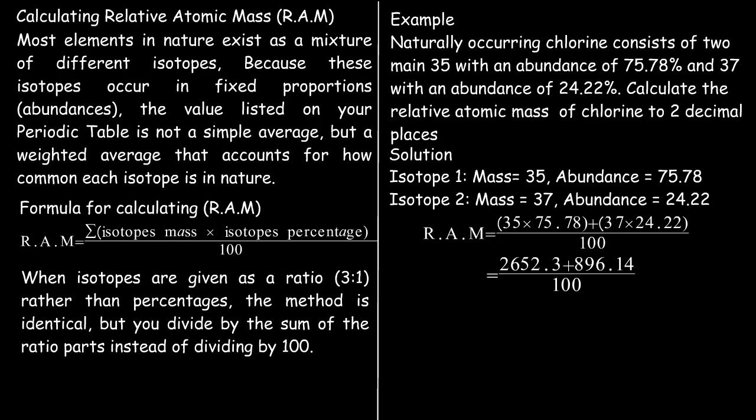Adding our numerator, it will be equal to 3548.44 divided by 100, which is equal to 35.5 to 2 decimal places.